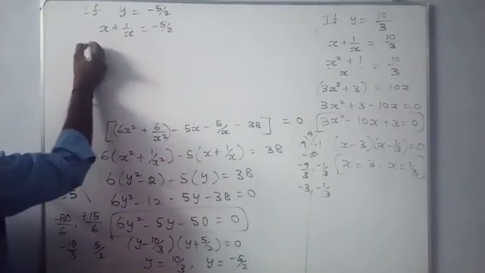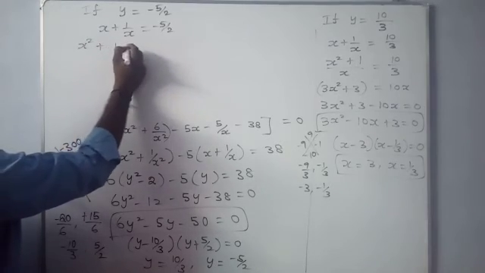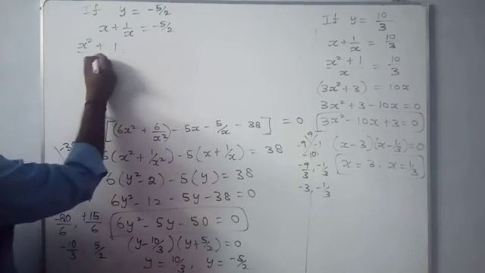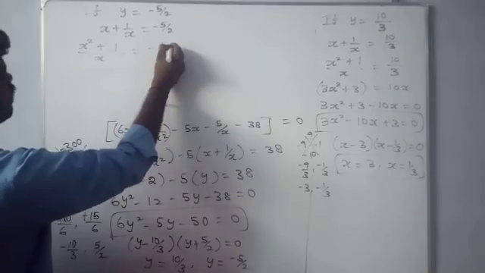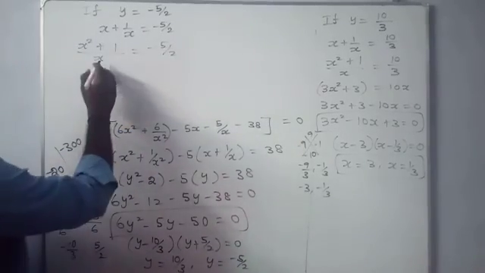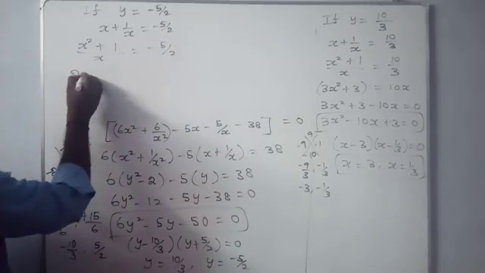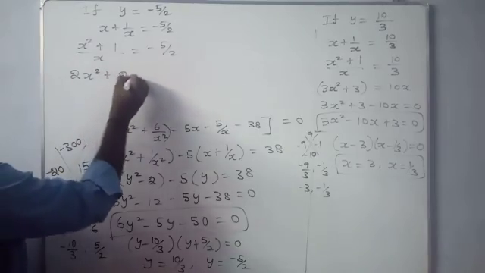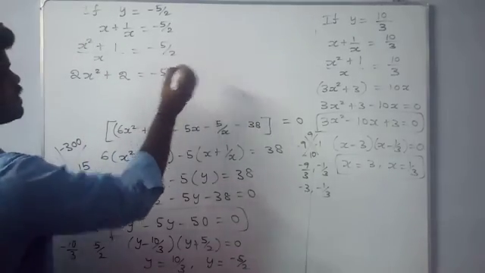Here cross multiply these two terms, x squared plus 1 divided by x is equal to minus 5 by 2. And cross multiply these two terms, 2x squared plus 2 is equal to minus 5x.